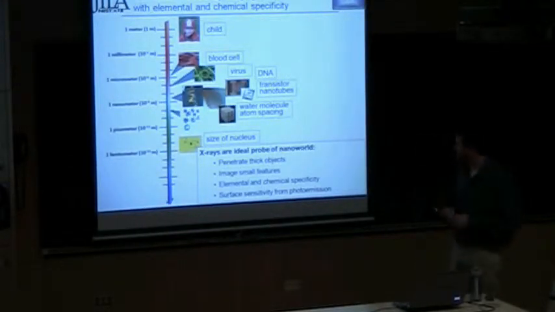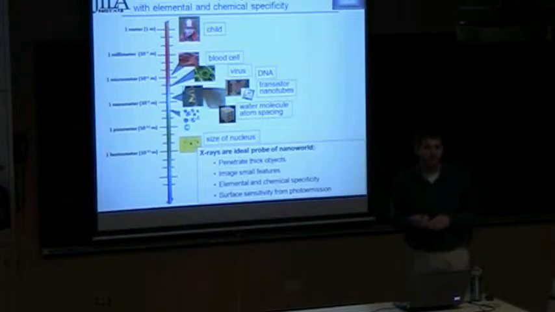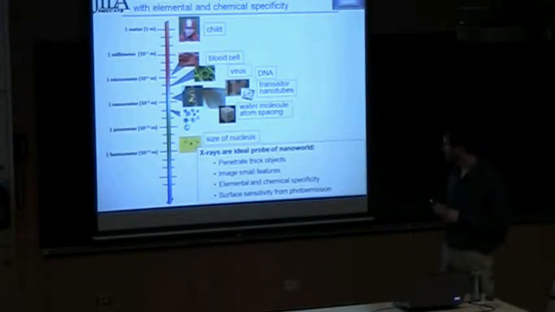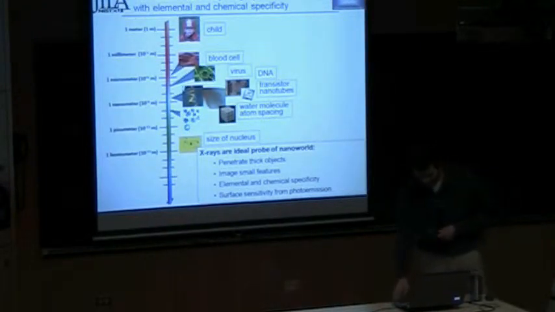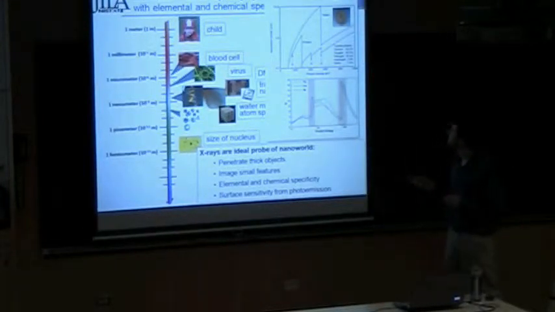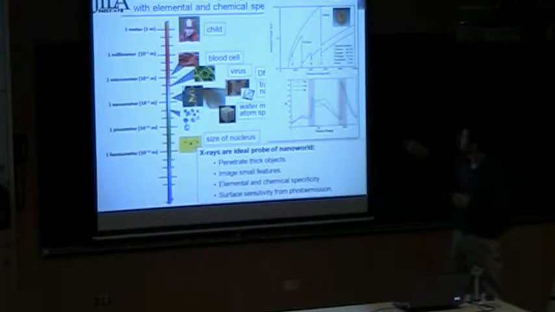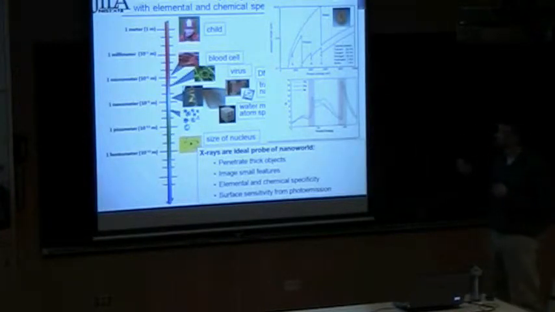And this has a couple of advantages. The X-rays can penetrate thick objects. Like I said, the small wavelength of the light makes it possible to image small features in a full field image. And one of the pretty unique features of X-rays is the presence of elemental absorption edges in this region of the spectrum. Here we plotted a couple of absorption lengths. This is essentially the transmission of some different materials in the soft X-ray region of the spectrum.